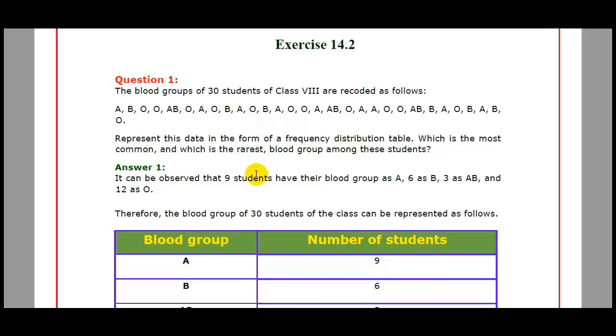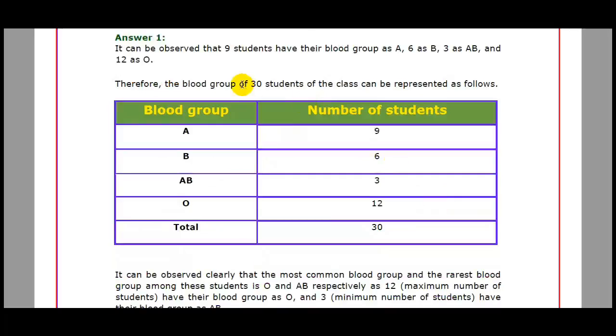class 8. If you observe those given blood groups, you can see that 9 students have their blood group as A, 6 students as B, 3 students as AB, and 12 students have blood group O. So you can make two columns like this, blood group and number of students.